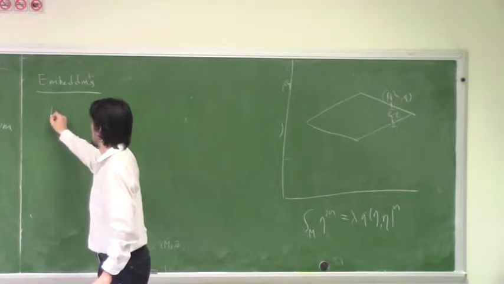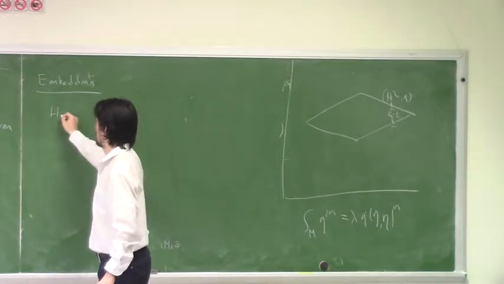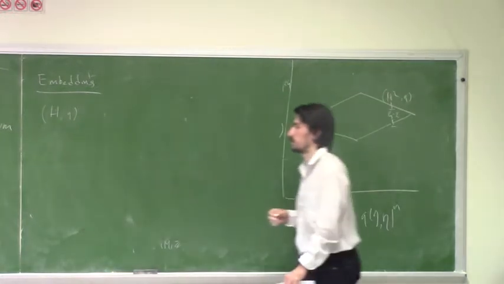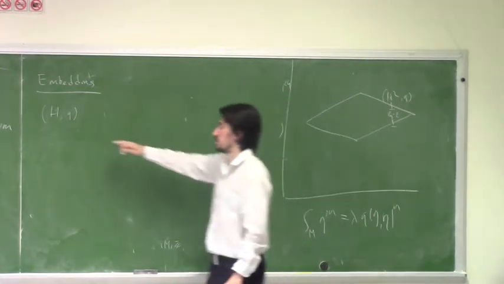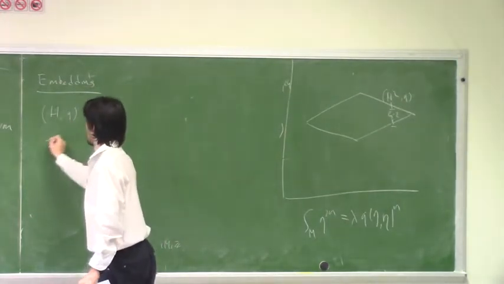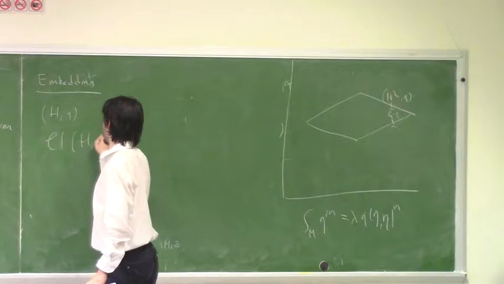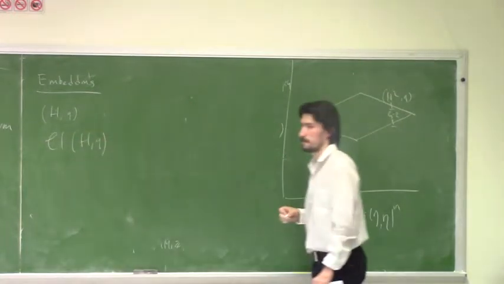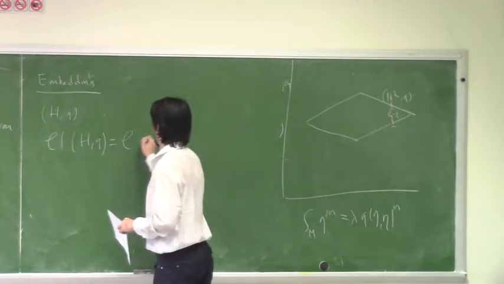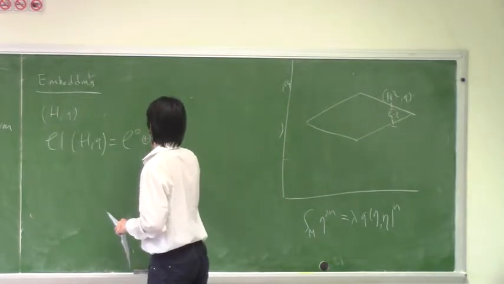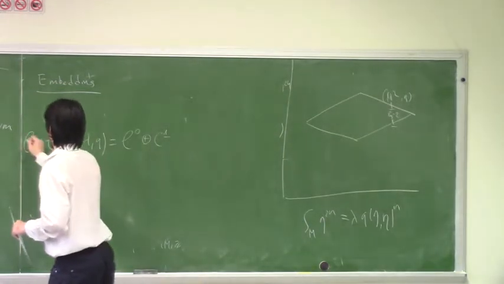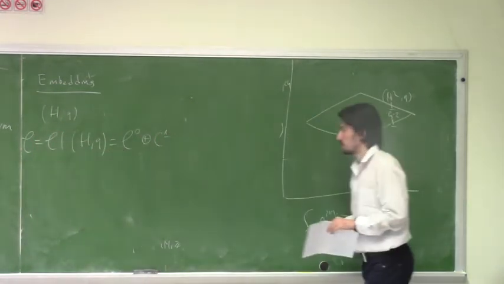So we start with H with quadratic form Q. For us it's just the second homology with the Beauville-Bogomolov-Fujiki form. And we can take the Clifford algebra for it, and we have the Z/2 grading. Let me denote it, just for simplicity, by C.